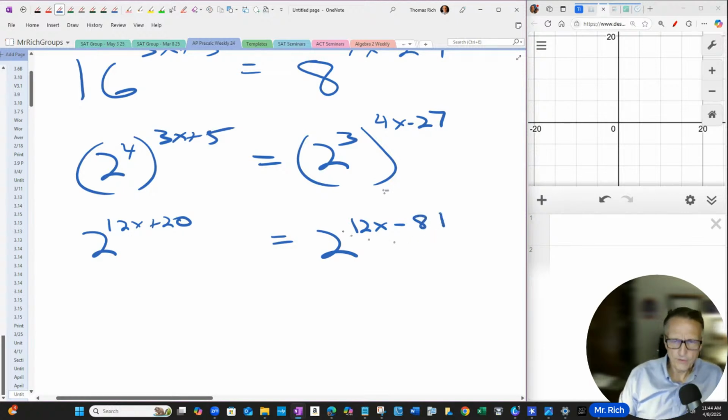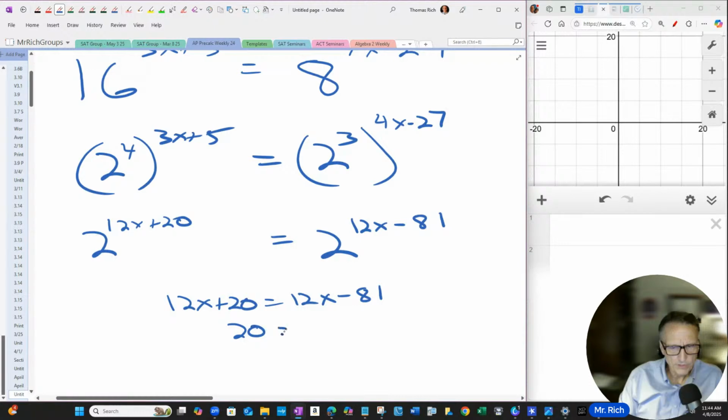Then we're using the one-to-one principle here, where if I've got a match on the 2 bases, then it stands to reason that this equation would be true when the exponents are the same. It doesn't take long to see that we have an issue, because when I subtract 12x from both sides, I'm left with 20 equals negative 81.